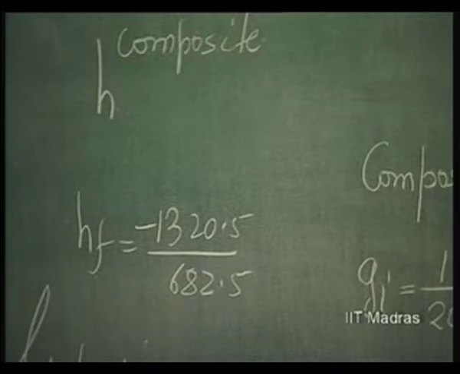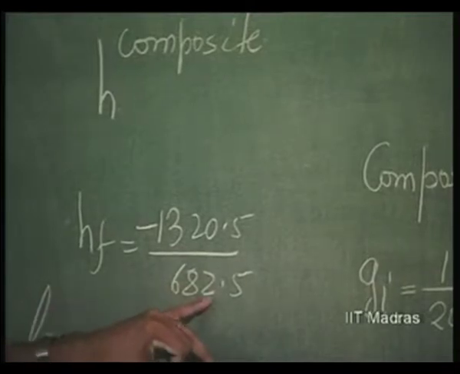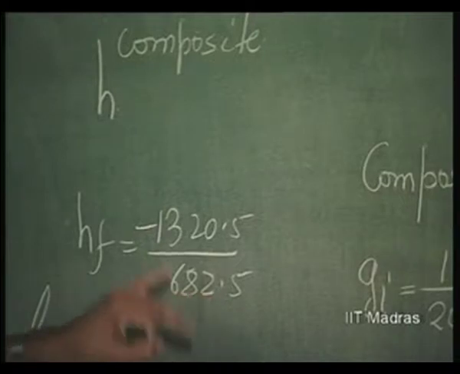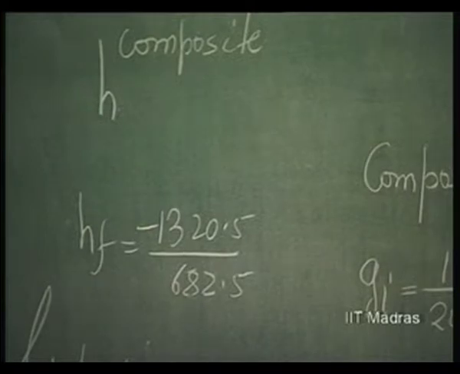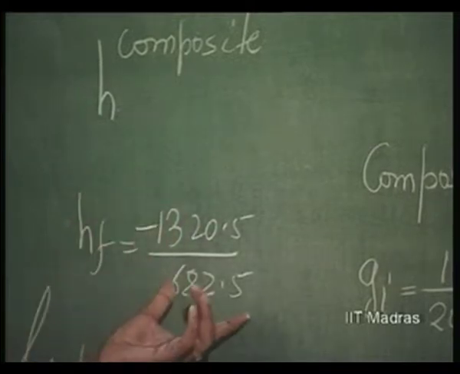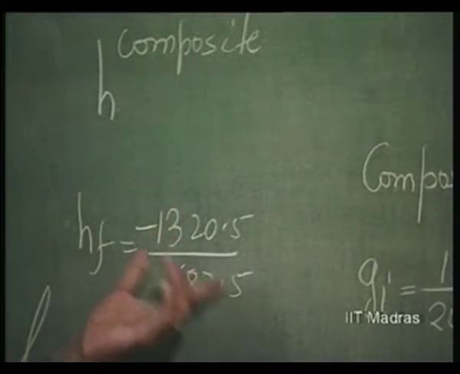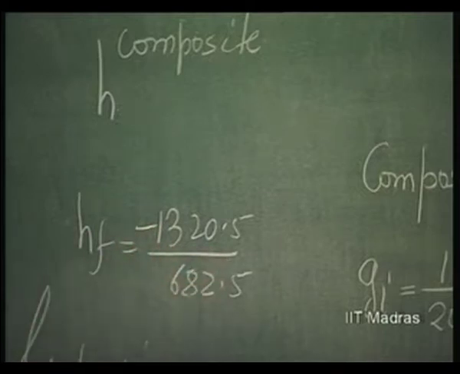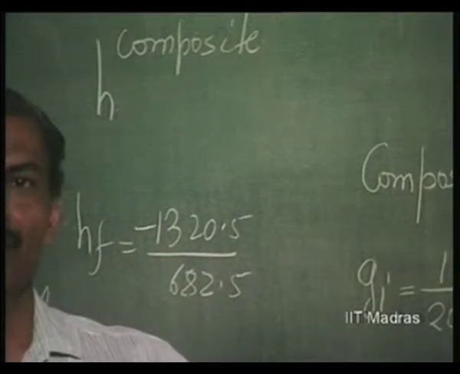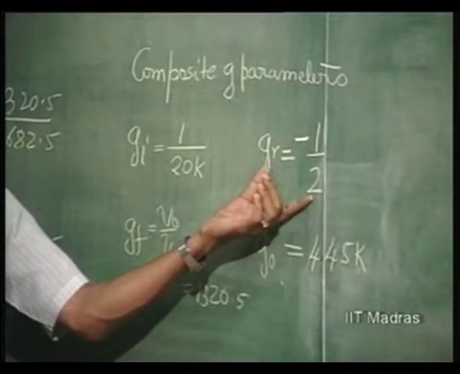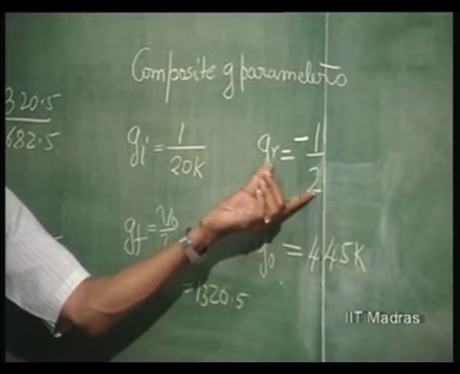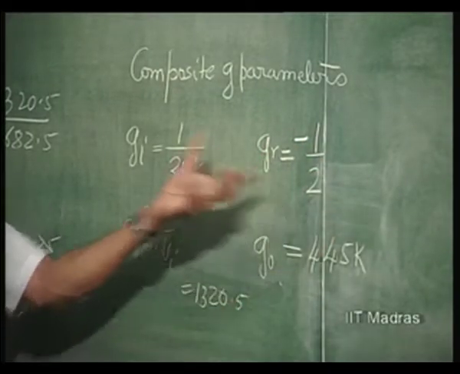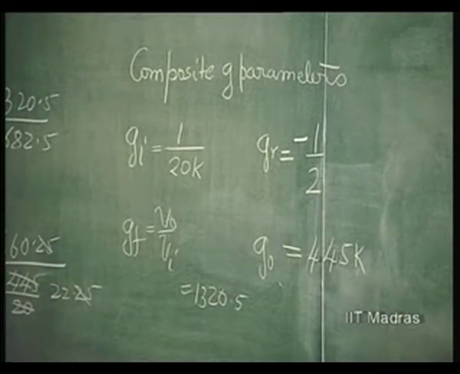You can see that this is very nearly equal to 2, slightly less than 2, minus 2. That is what it should be. It should be 1 minus 1 over G R, essentially. So, it is very nearly equal to 2.